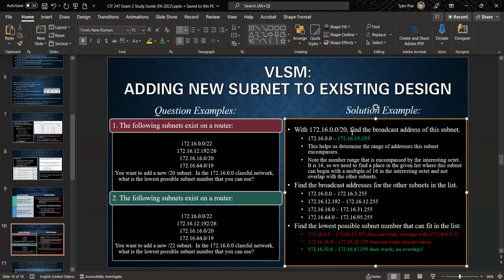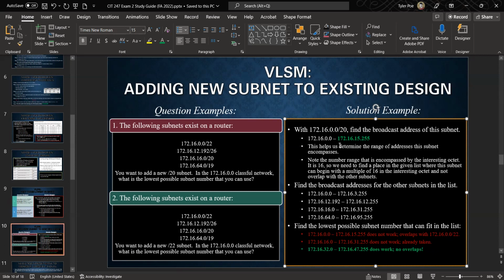So we know the decimal notation for this, or we can figure that out. 20 divided by 8 is 2, so there's going to be two 255s. The interesting octet is going to be, let's see, 128, 192, 224, 240. I'm correct, 240. And then we have 0 at the end.